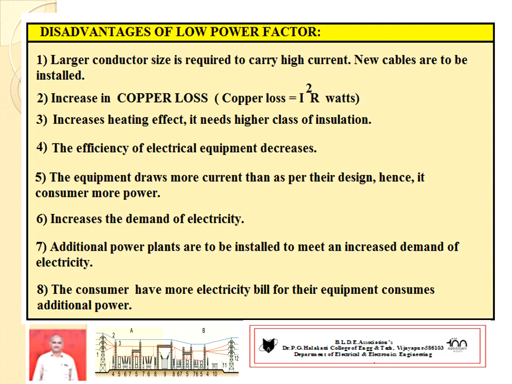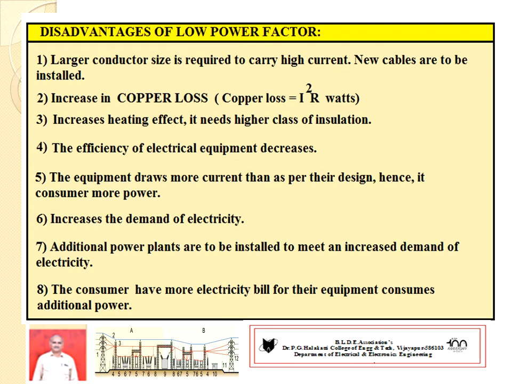What are those? Number 1, larger conductor size is required to carry the high current. Hence, existing conductors are to be replaced by new conductors or new cables. Then increase in current will cause increase in copper loss, because copper loss equal to I square into R watts.